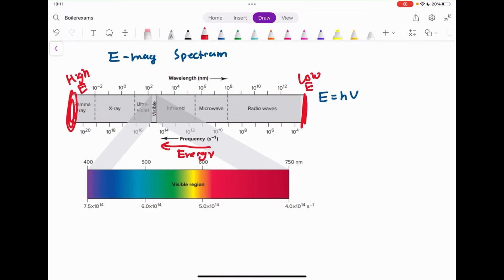That's one important point, that a lot of times when they ask you the specific spectrum questions, they are going to ask you in the context of which ones have high or low energy, which we'll take a look at in a second. But there's not too much here to explain other than you kind of just got to know this and know the different regions.